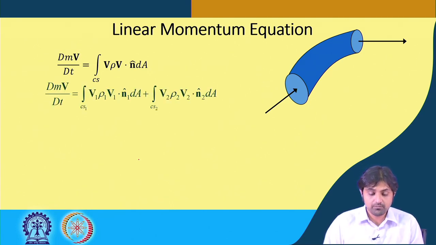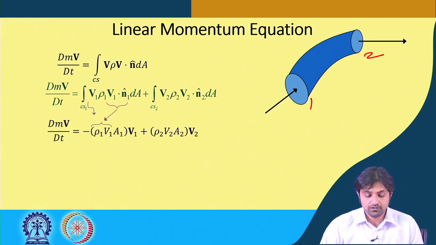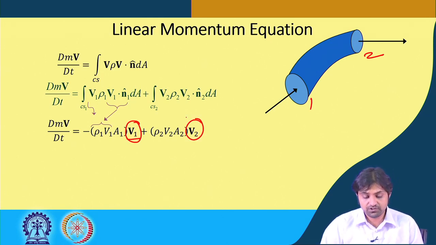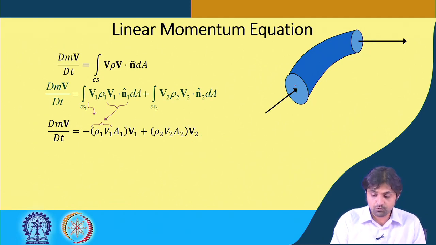In simpler words, taking this as 1 and this as 2, it is V1 rho 1 V1 dot n1 dA and V2 rho 2 V2 dot n2 dA, or simply rho 1 V1 A1 times V1, and V2 takes care of its direction, because this is pointing outward.